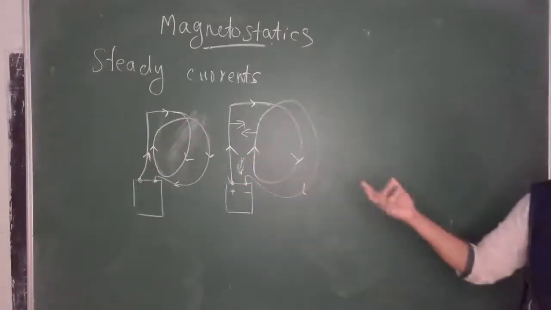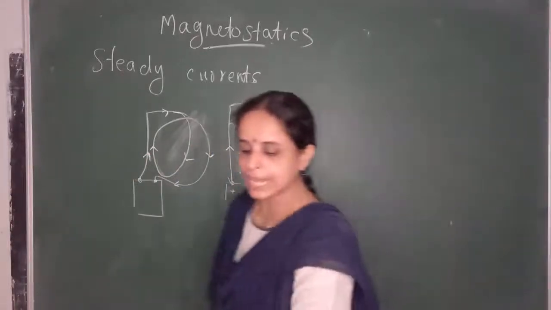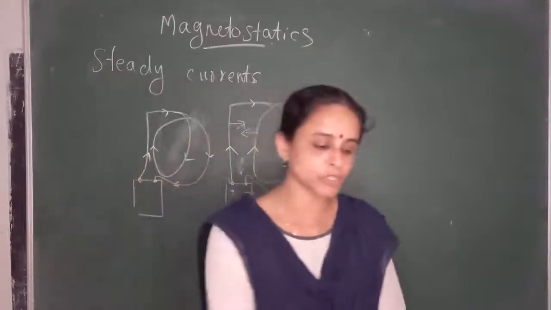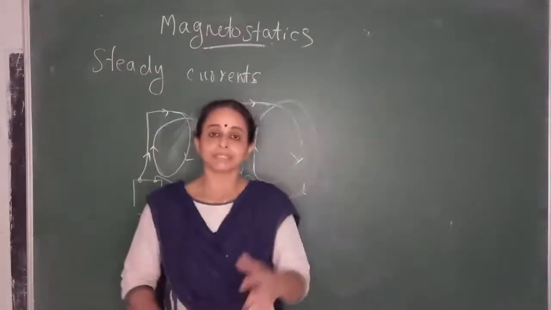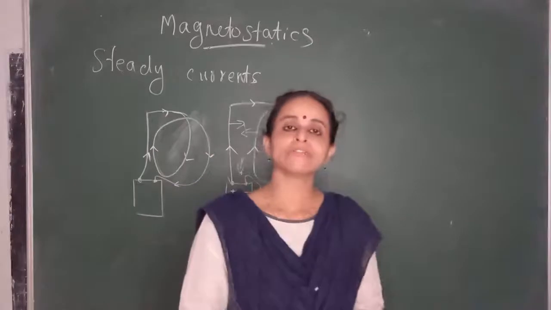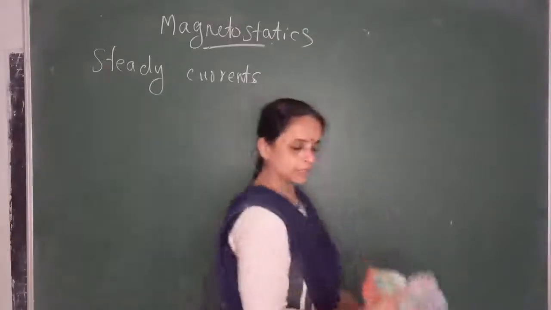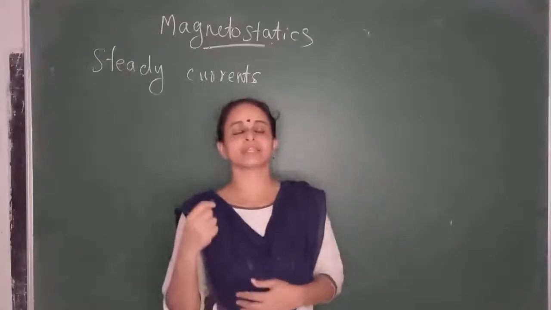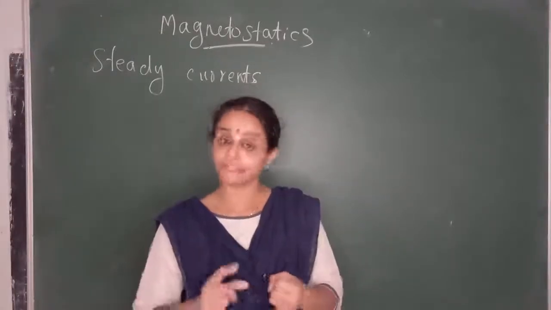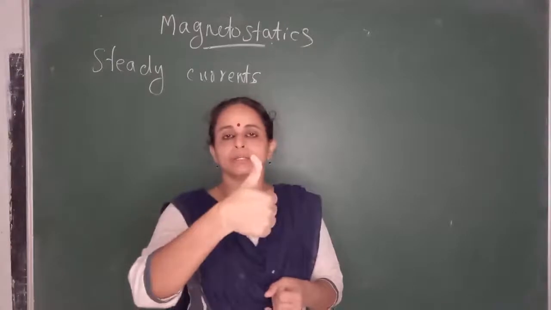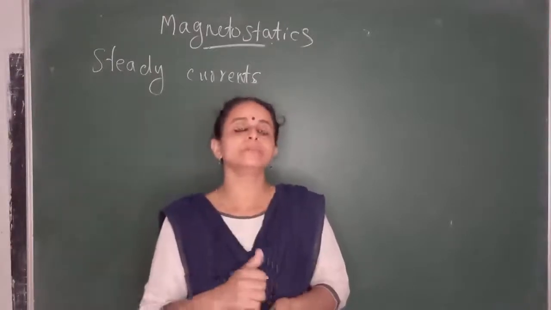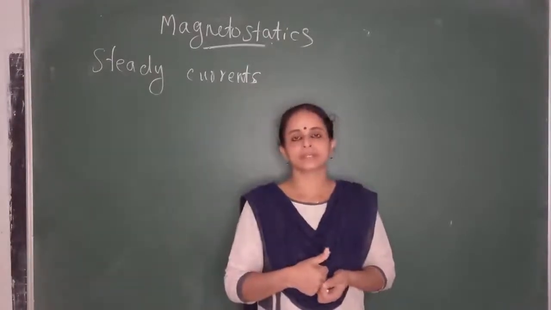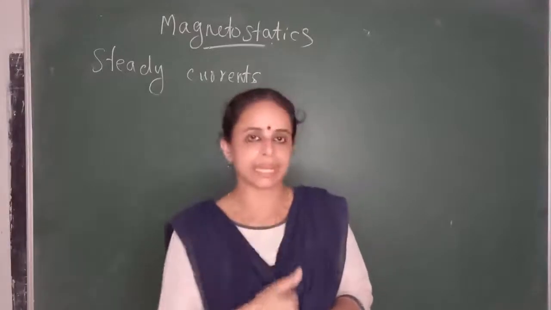So you can see that depending upon the direction of current, we can determine the direction of field using the right hand thumb rule, and the direction of force using the right hand rule.